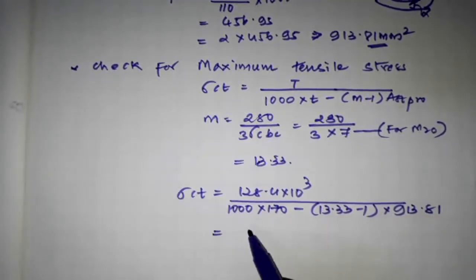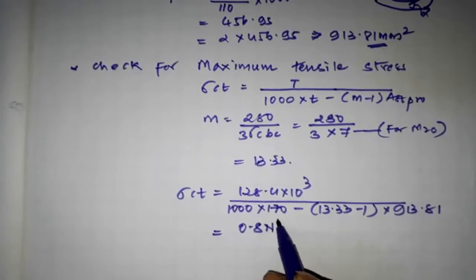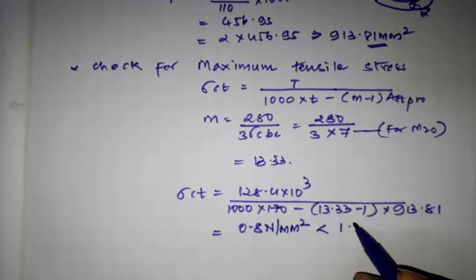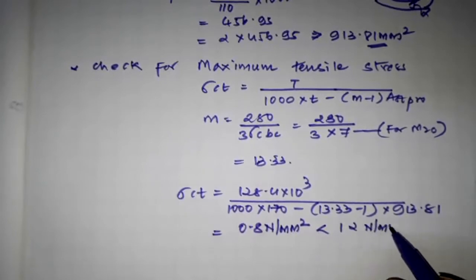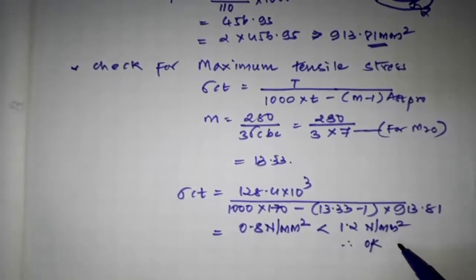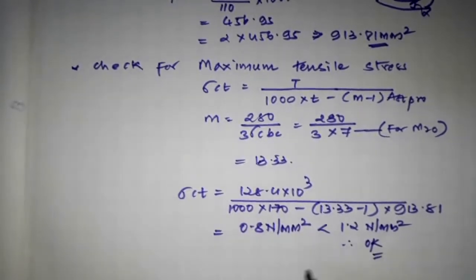We get 0.8 Newton per mm square, which is less than 1.2 Newton per mm square, the permitted value. Therefore it is safe, because the stress developed is 0.8 and the permitted value is 1.2.